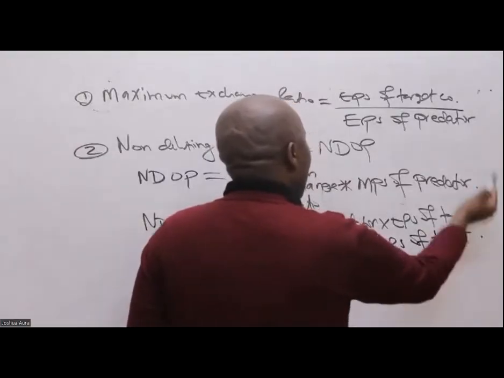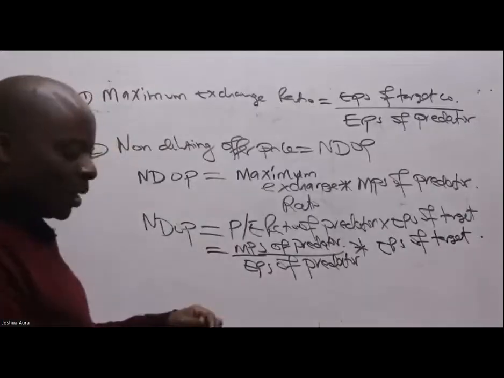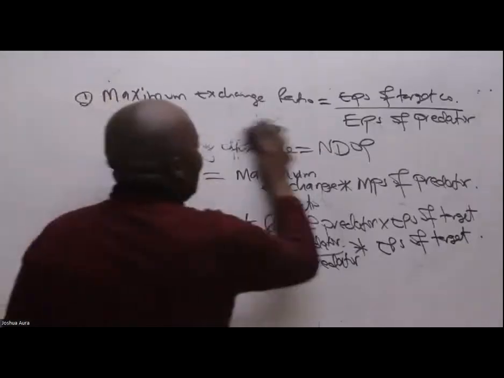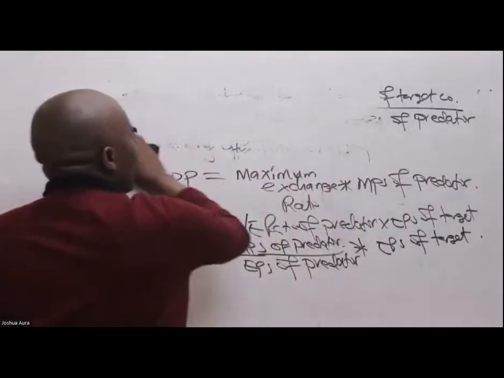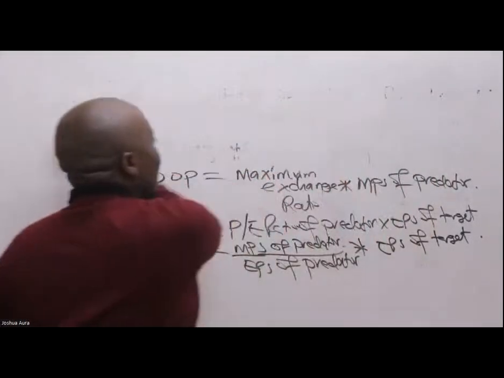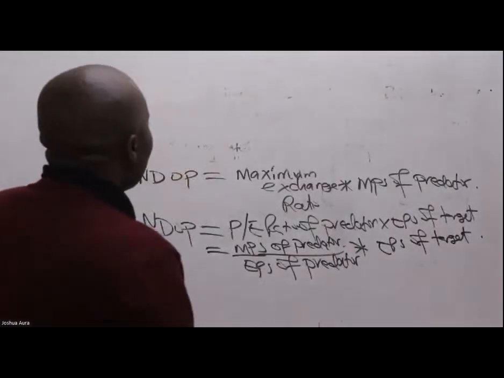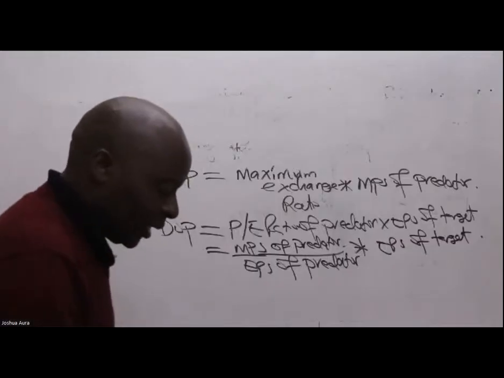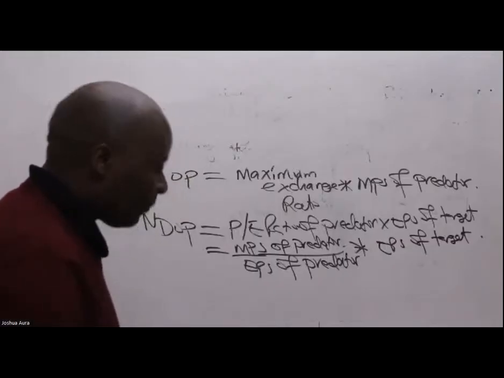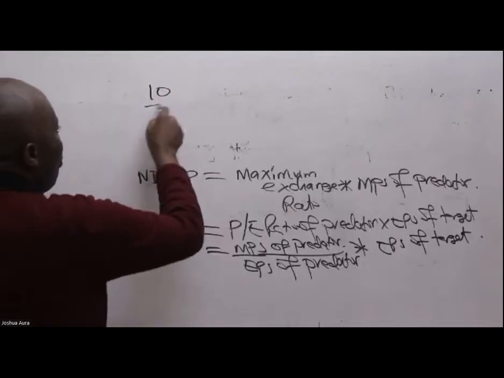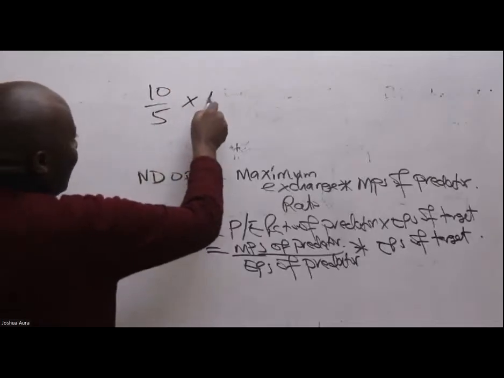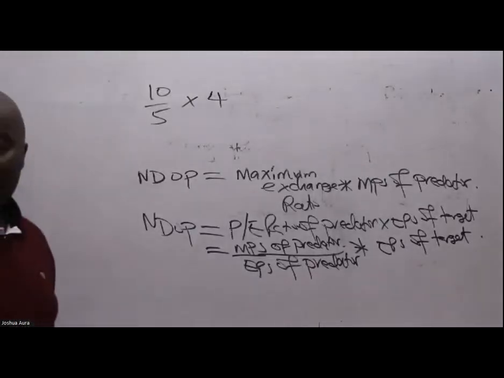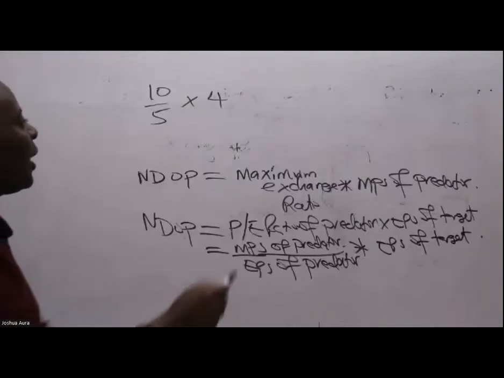And then you remember very well in our last class what we said, you and I, is that mathematically, if somebody gives you, for example, 10 over 5 times, for example, 4, this one here equals 8.